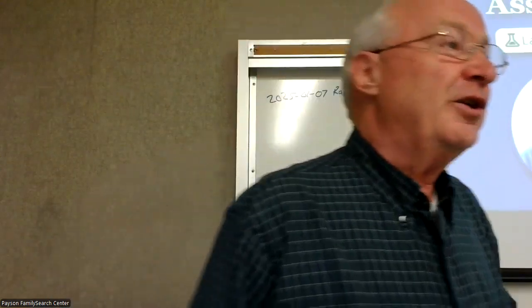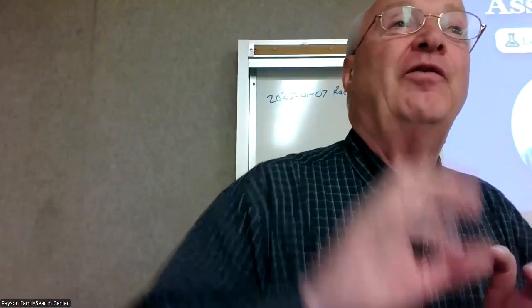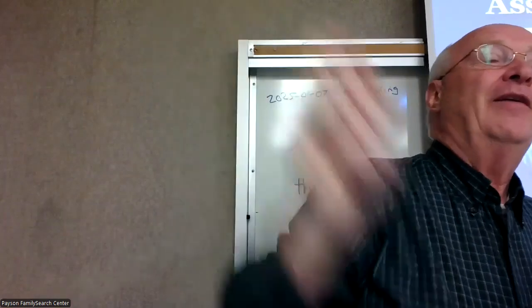On April 8th at 10:30, I'm teaching a class on the Family Search AI Research Assistant. This is an experimental program that I'm testing, and Family Search has created an artificial intelligence bot, I guess you could call it, that will go out and find all the record hints that have new people in them, and it'll present them to you on your homepage.